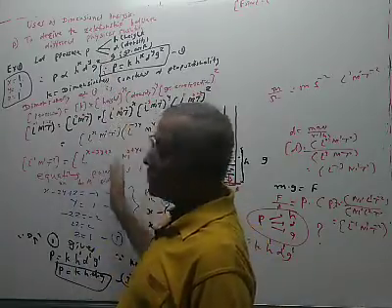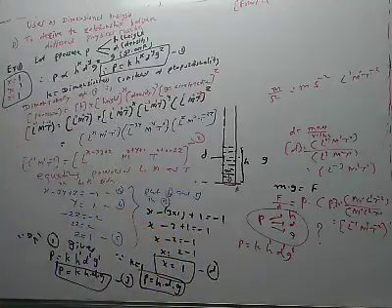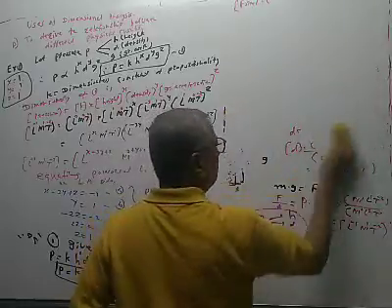Now by using the same process, we can derive so many relations. So now I will take the second example.